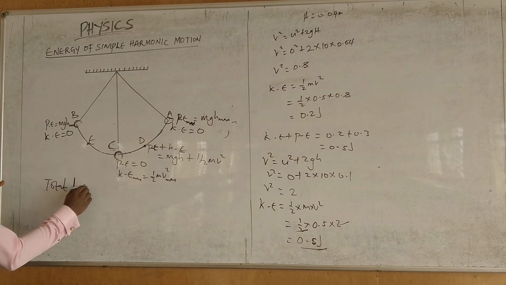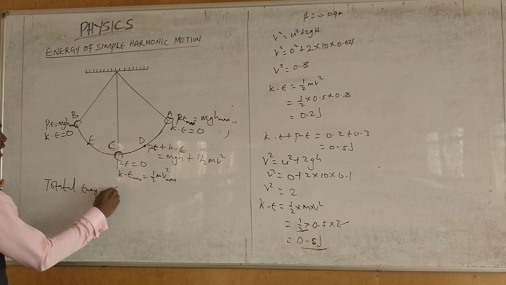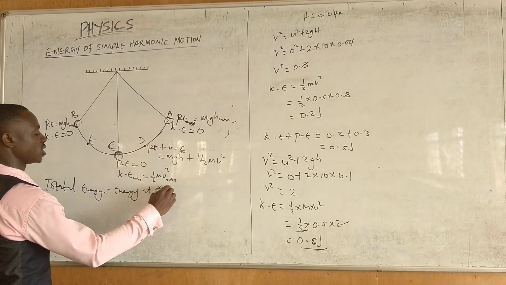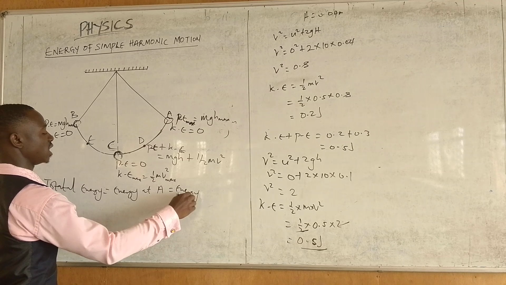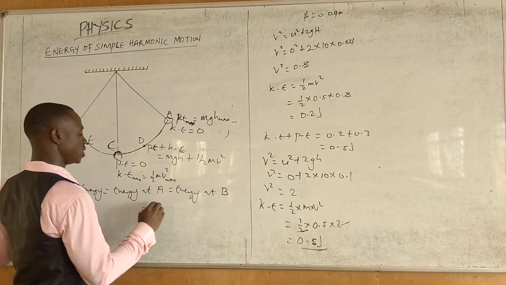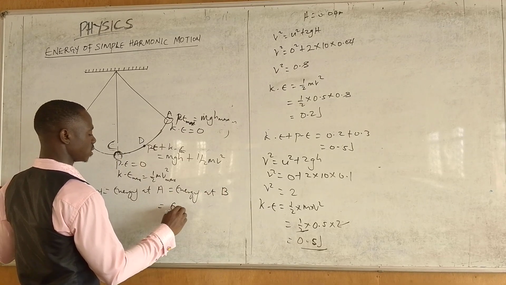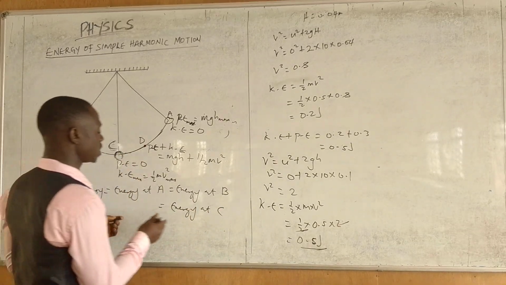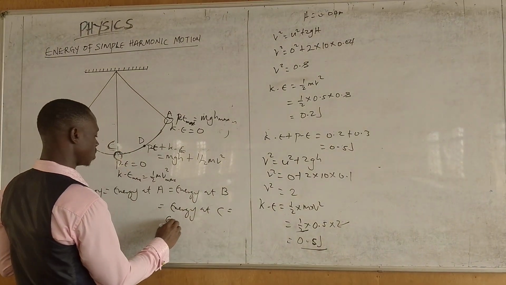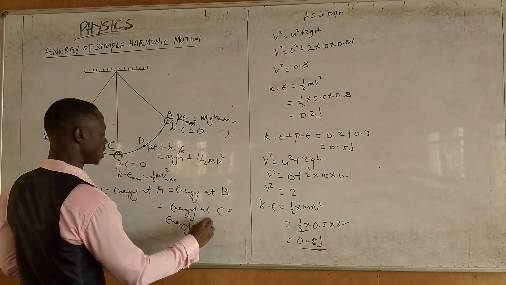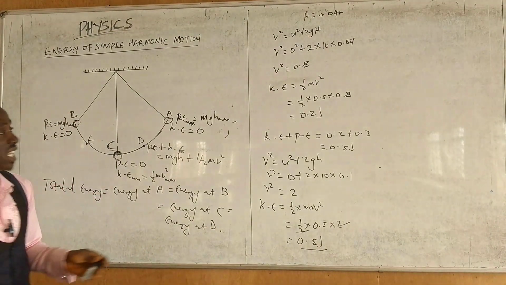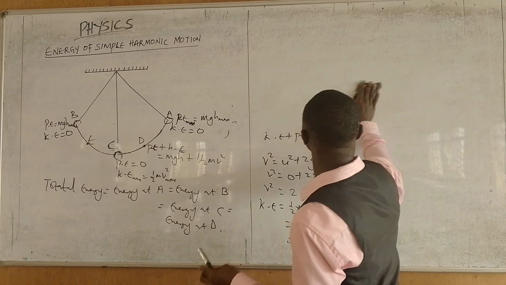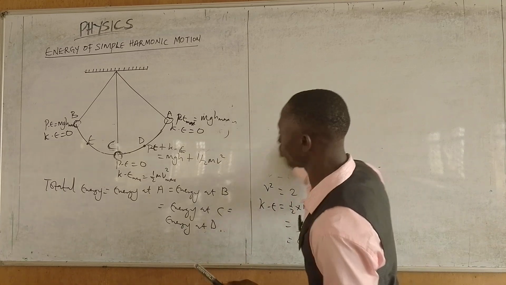So total energy, which is the energy at A, equals energy at B, also equal to energy at C, also equal to energy at D. At any point, the energy must be the same thing, although it is changing from one form to another.